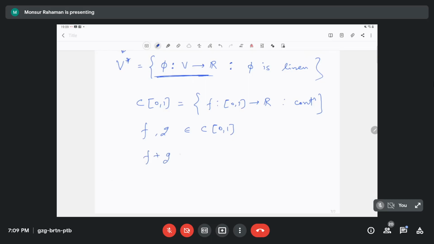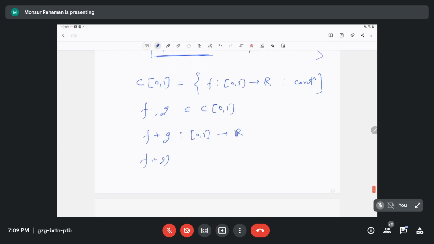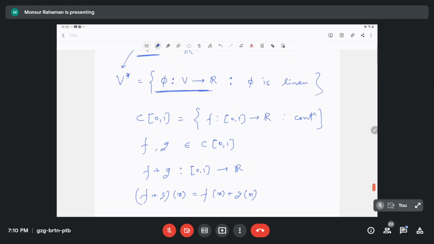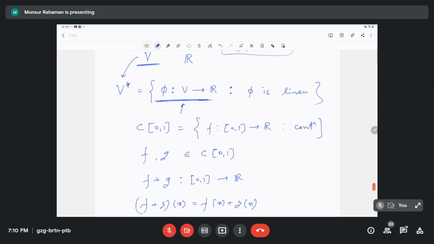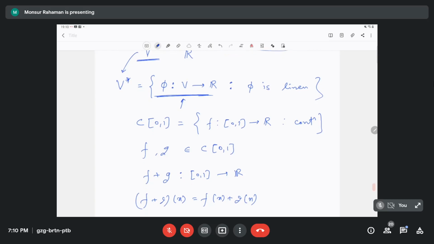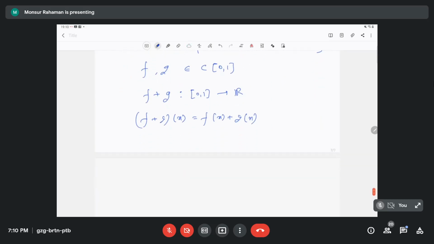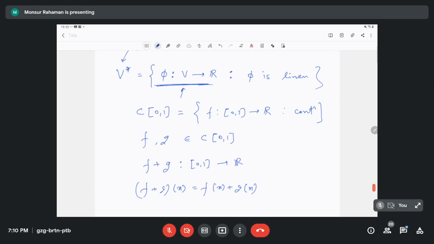Obviously it is a function to R, and it is defined pointwise, f plus g at x gives f of x plus g of x. So we'll define the same addition because it is a function. So V star, let's copy that.